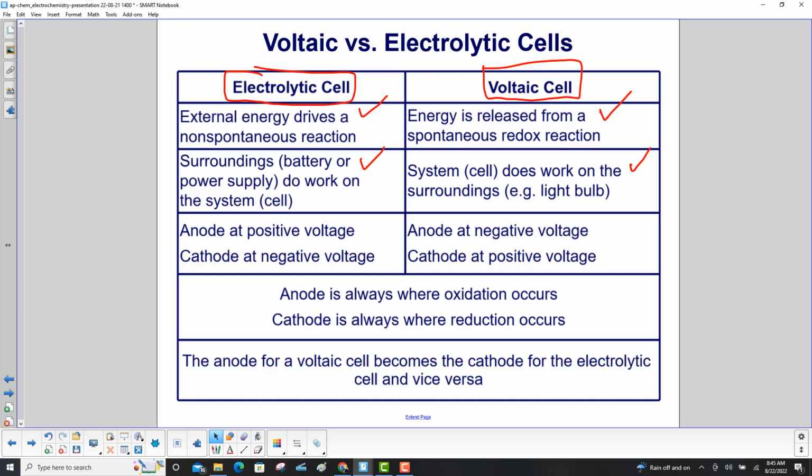Voltaic, the system does work on the surroundings, i.e. it can light up a light bulb. Anode at positive voltage, cathode at negative, and they're reversed here for the voltaic cell. What's the same for both of them, and this might get a little tricky: anode is always where the oxidation occurs. Cathode is always where reduction occurs. In other words, the anode for a voltaic cell becomes the cathode for the electrolytic cell, and vice versa.